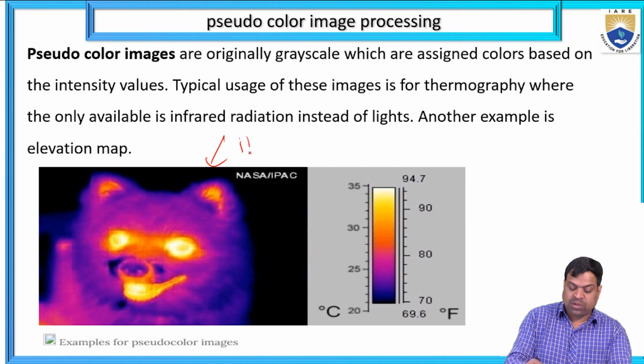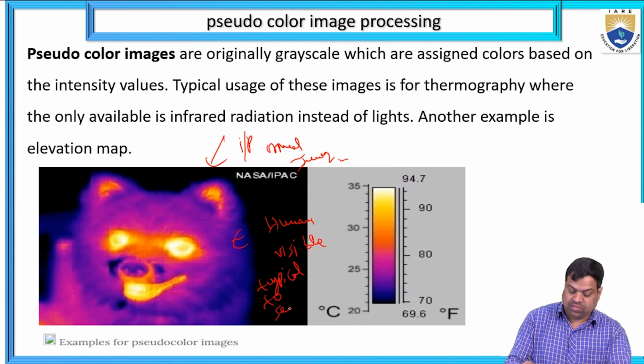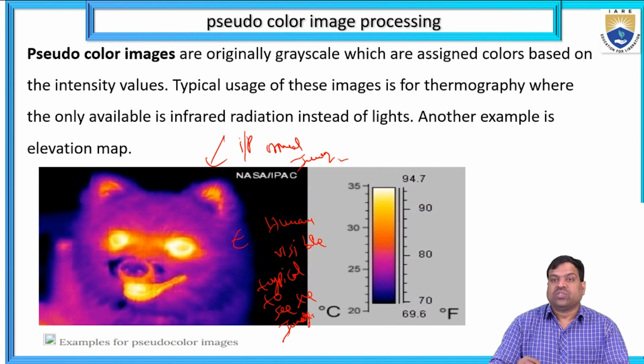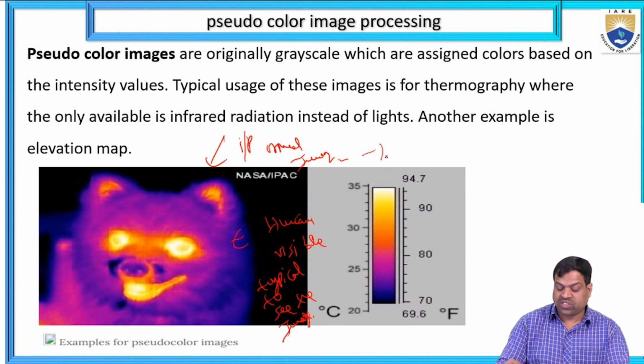So it is the original input image, but as per the human visual system, it is typical to see the image with some modifications.